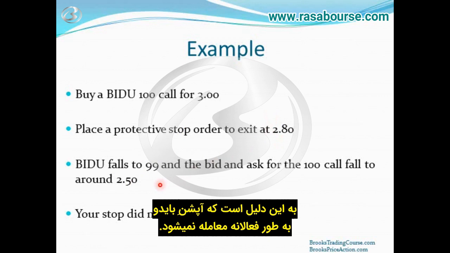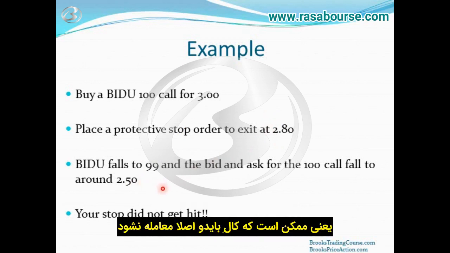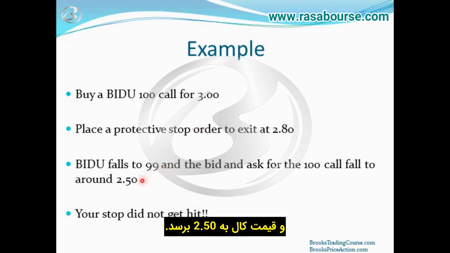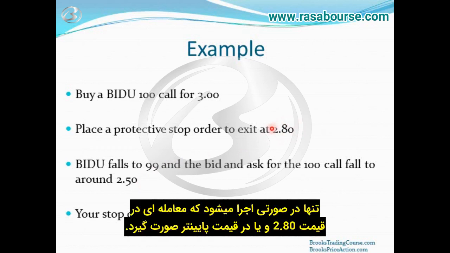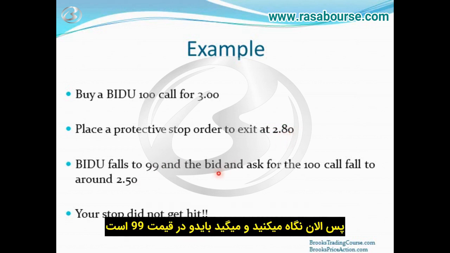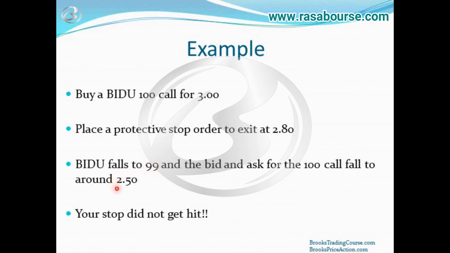Well, it's because the Baidu options are not actively traded, and it's possible that no trades took place in the Baidu calls, even though Baidu fell $1 and the value of the call fell to 2.50. Your stop at 2.80 only gets hit if there's a trade that takes place in that call at 2.80 or below.